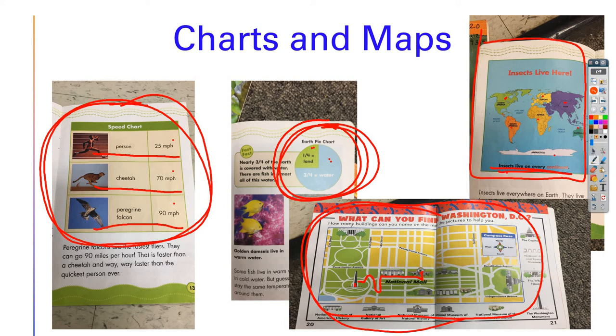So is it important to look at charts and maps in a nonfiction story? It is, because it's telling you things about the story, so you need to read those too. And they're not going to be in fiction stories or fantasy stories, but they will be in nonfiction stories.